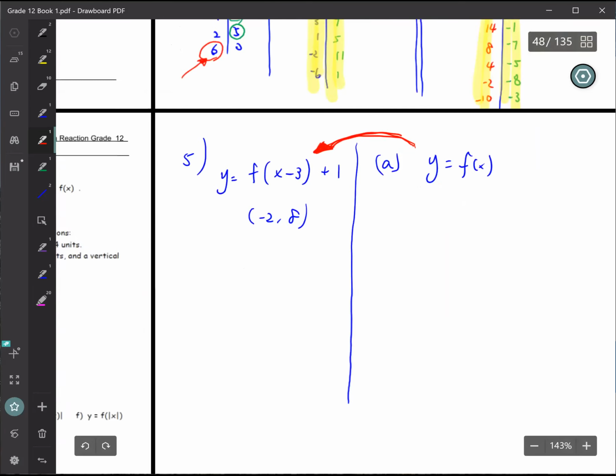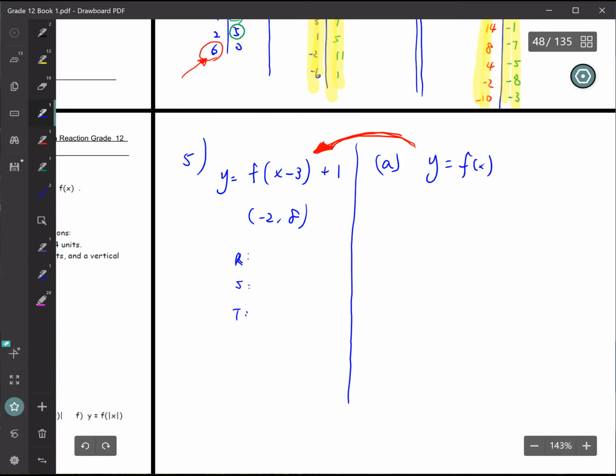Okay, so Yosher, can you tell us the story for the left side, the y equals f of x, the RST for f of x minus 3 plus 1?